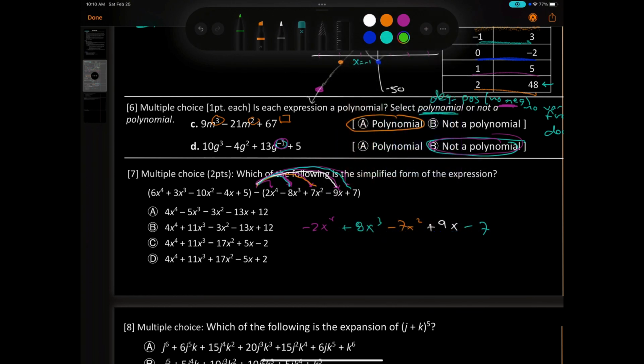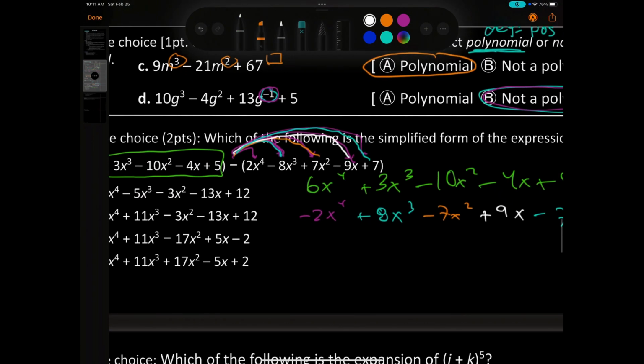And then I'm going to just write all of these above it. I'm doing this vertically. And you'll notice that these are all like terms. Like terms basically means that they have the same amount of x's in some ways. That's another way of saying it. These are like terms, so you do nothing to those.